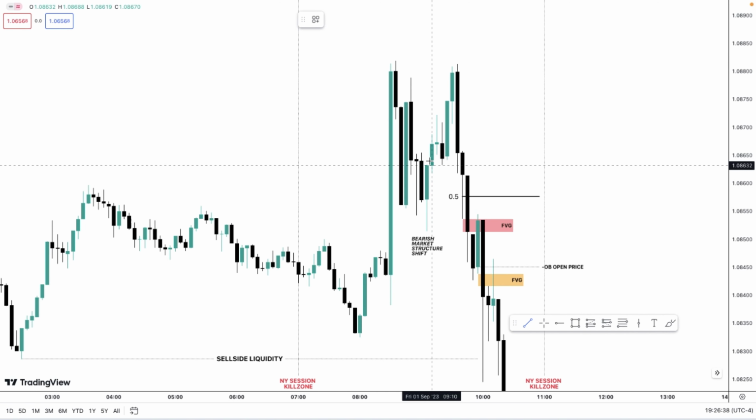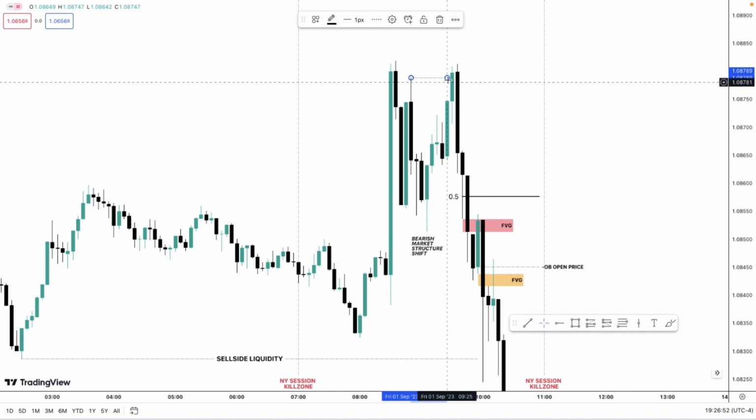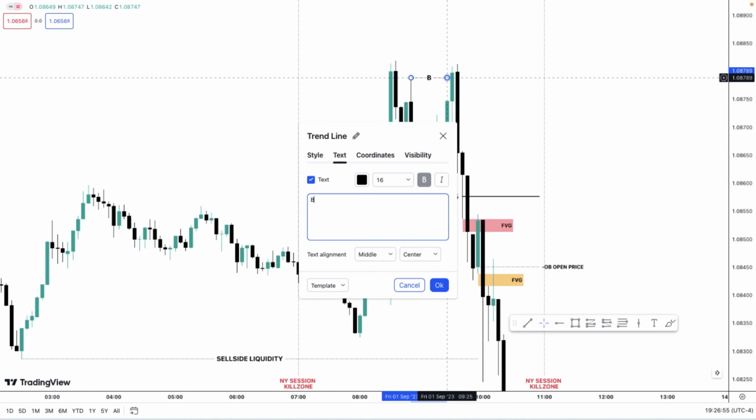So the market will see those stop losses, and it will take them out before going down, before the actual move basically. So that is buy side liquidity. Or let me just rather say buy side.